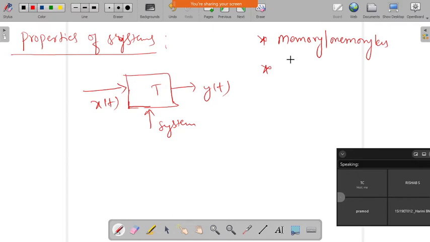How can we say whether the system has memory or is memoryless?